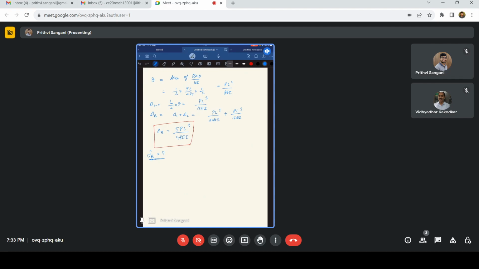Let me draw this: A, B, C, D. So you have 1, 2, 3. Again, you have 1, 2, 3. So I have already considered my support reactions as my unknowns there, right? So using these unknowns, if I find out these, I can directly find out my internal forces in all the beams.